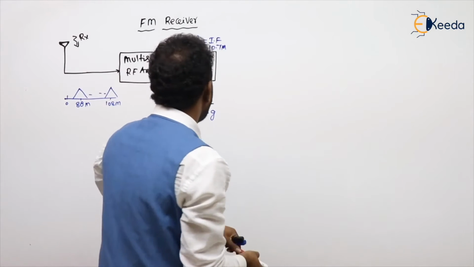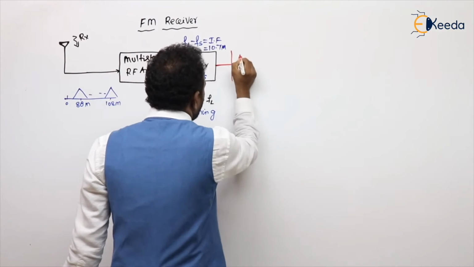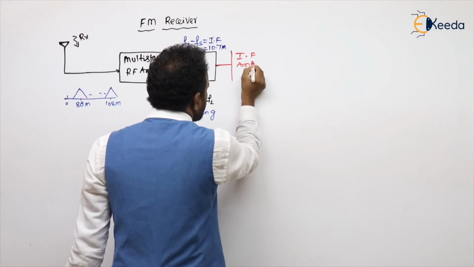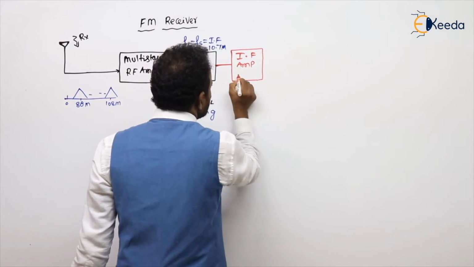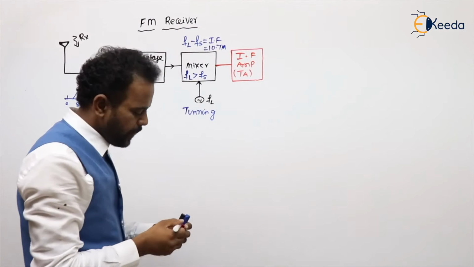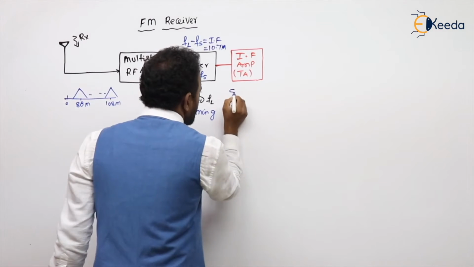After that, what are we having? We are having the IF amplifier, where the selection will be there. This is acting as a tuned section. Here the selection process will be there.